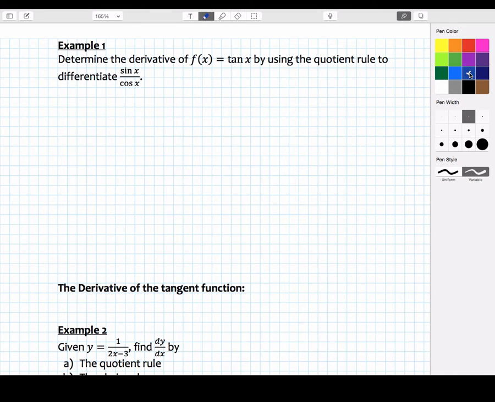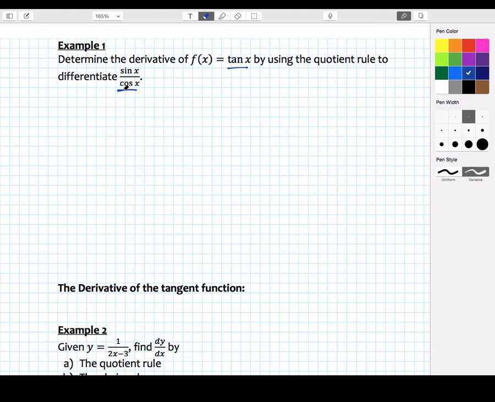Okay. Example 1. We're going to differentiate f of x equals tan x by using the quotient rule. But first we're going to realize that tan x is equal to the quotient sine x over cosine x. So let's use the Leibniz notation first.